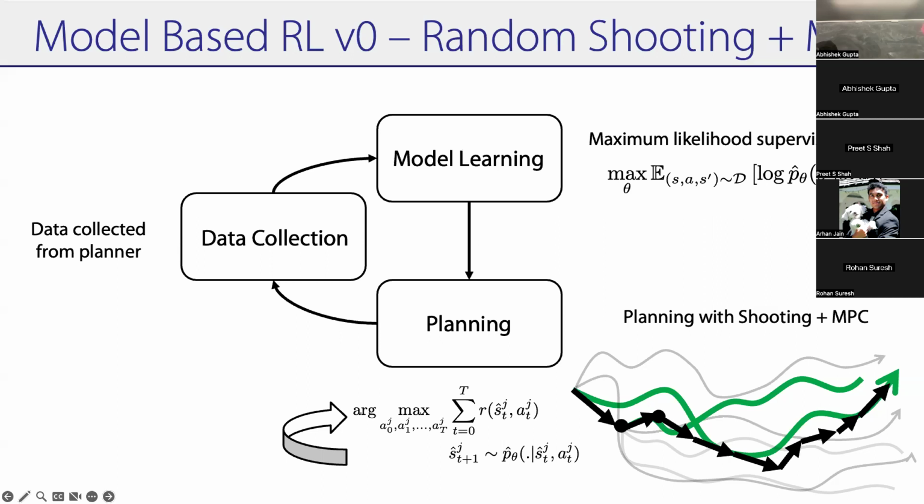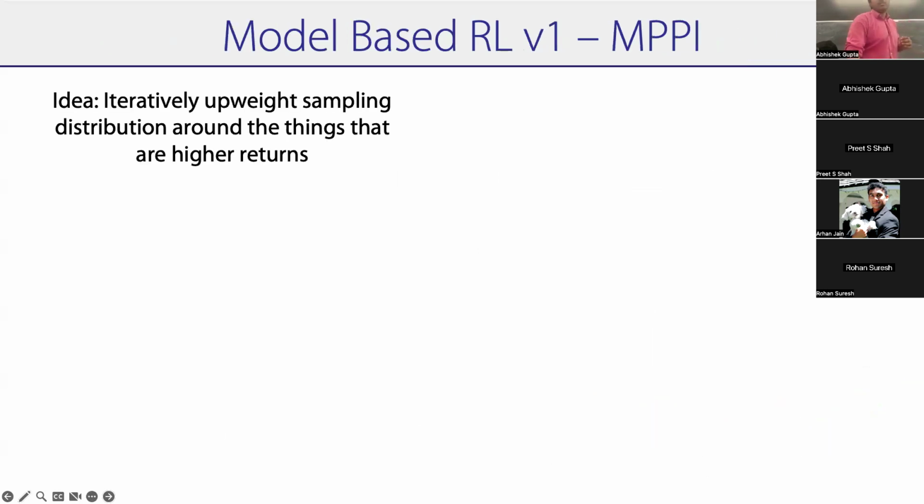And so you roll it out a bunch of times with some actions, you choose the best series of actions, you execute the first step, and you repeat, right? And so the MPC is letting you deal with errors in your model or unexpected events. And you're just planning with random shooting, right? And so it's better than just doing open loop planning because of this feedback, you're continuously getting feedback. So that's the first version of the algorithm that we had.